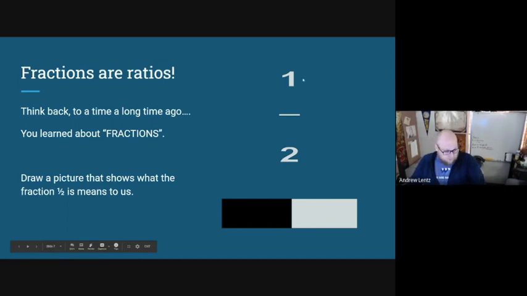Where do we see the 1 down here in this rectangle? Type in chat. Where do we see the 1 for this rectangle down here? It's in the white, or you could say it's in the black.